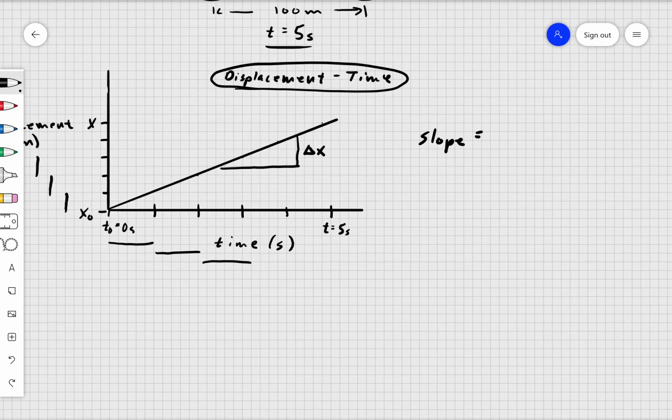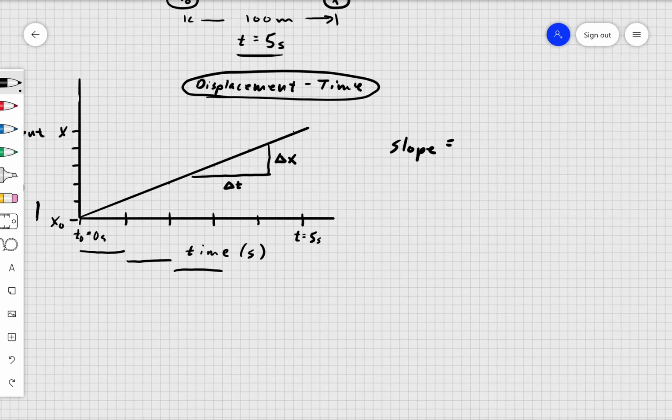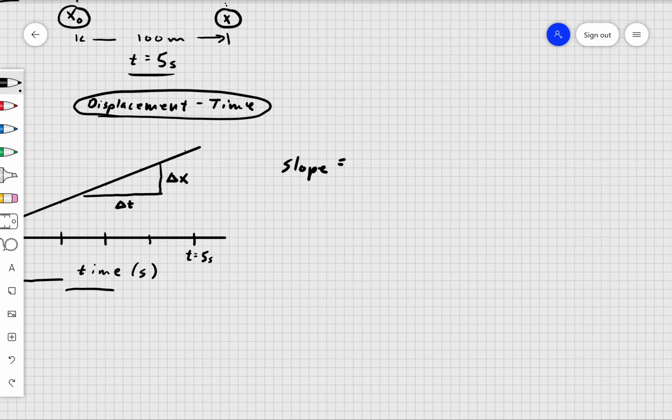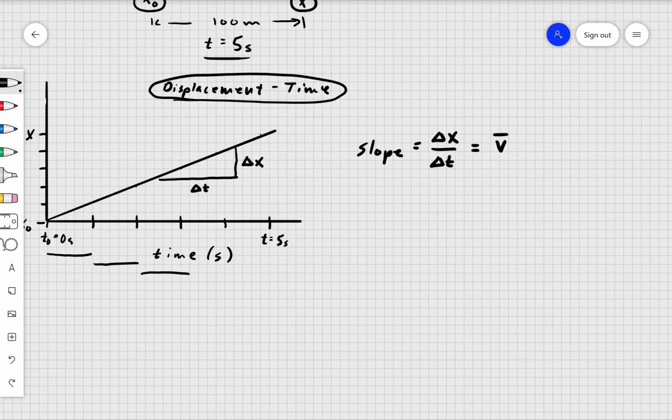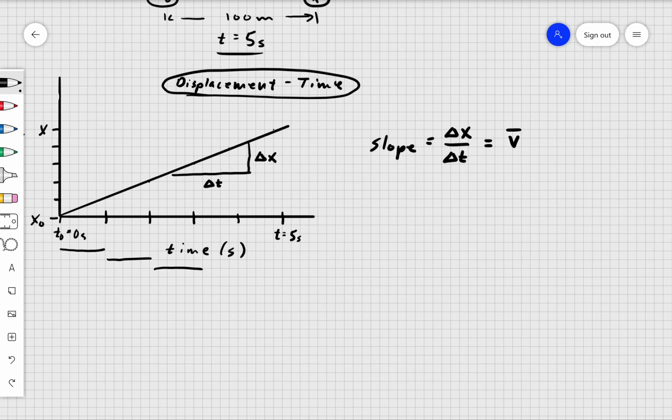Look at the axis, the change in x. And our horizontal value is our change in time. So the slope of a DT graph is delta x over delta t. If I'm not mistaken, that's what we call average velocity. So it is worth knowing on a DT graph that the average velocity is the slope of the line.